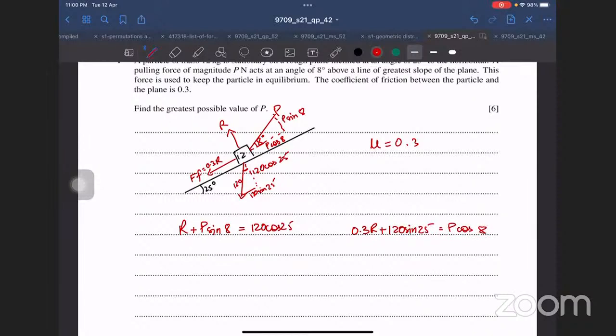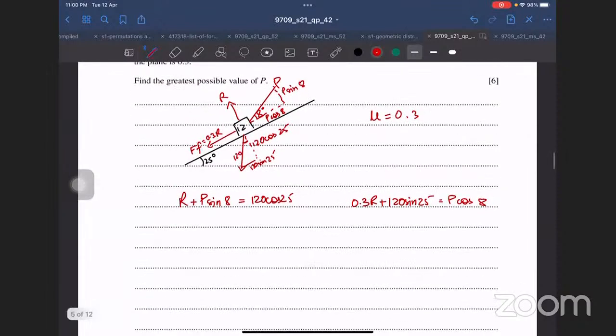So I can use a substitution for R or P, that's up to me. I can also just do them simultaneously if I want. I think that's going to be easier if I do that. I can just bring this to this side, or rather use a substitution. Let's use a substitution.